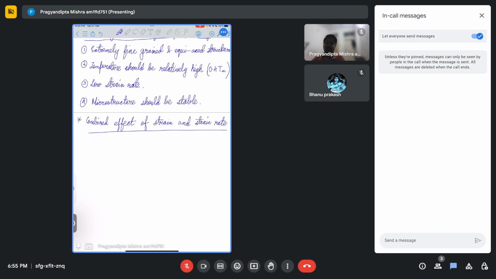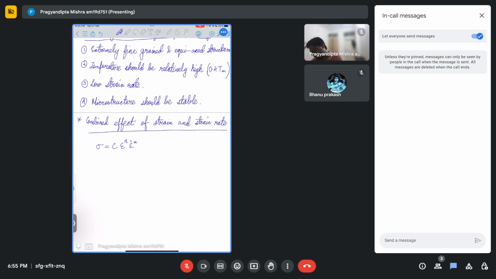We can write flow stress equal to some C, we will not define this constant C, epsilon to the power n and epsilon dot to the power m.